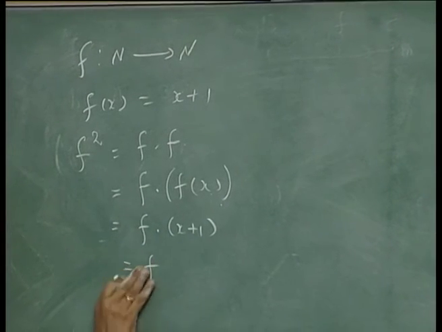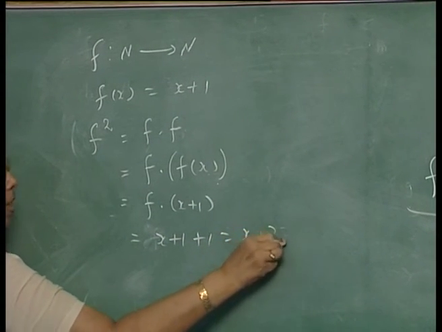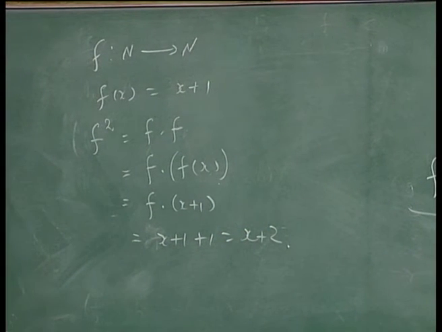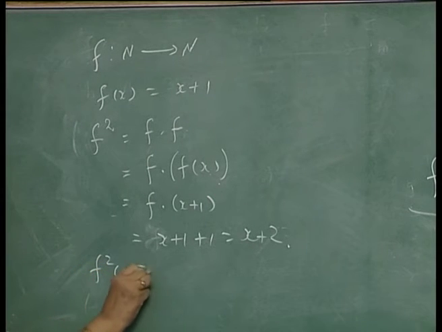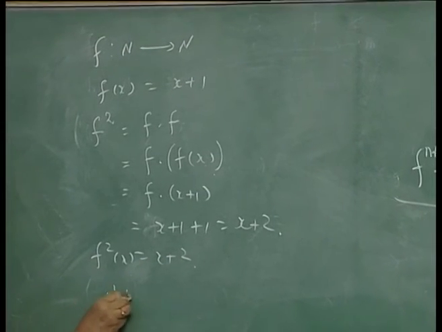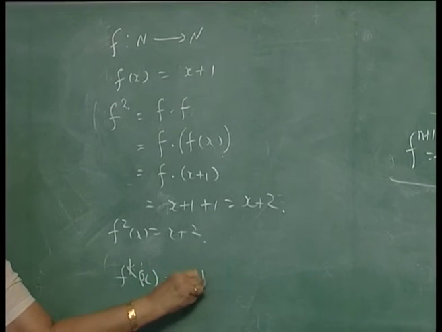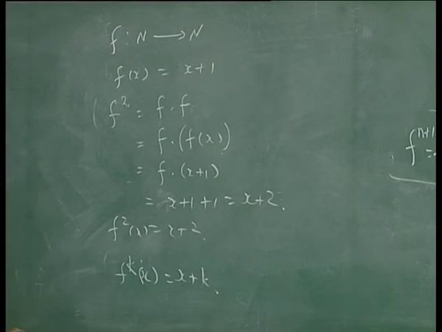So, that is x plus 1 plus 1 equal to x plus 2. So, f squared of x will be x plus 2. We can very easily see that f^k(x) will denote x plus k. This is an example where you see the composition of functions.